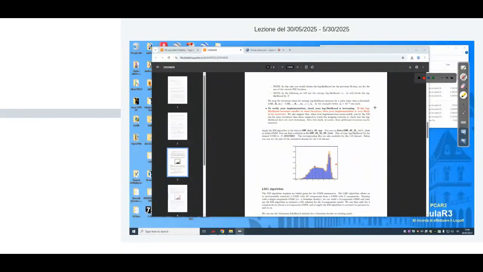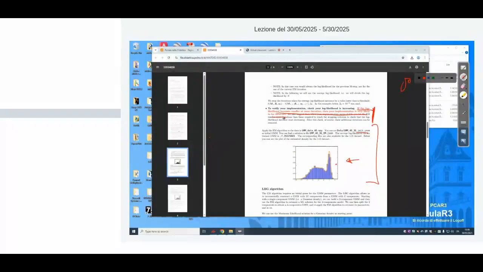Now you have an example where you are given an initial GMM, so your theta 0, because for the EM we need an initial GMM, so you have an initial GMM you can try your model on. Pay attention to this that is written in red. If your log likelihood decreases at some point, even by a very small amount, then there is a very, very good chance that your algorithm is wrong.